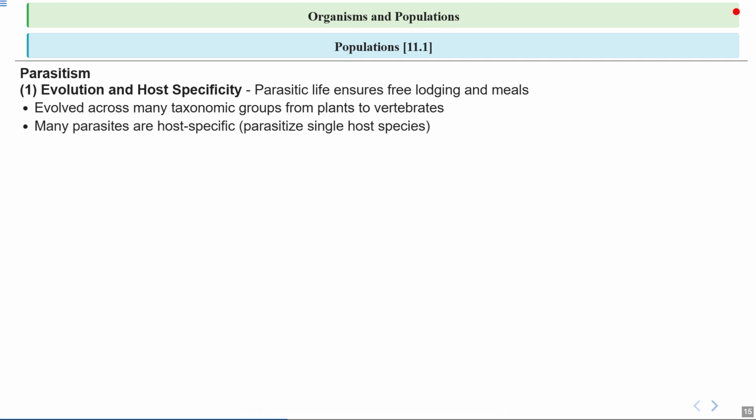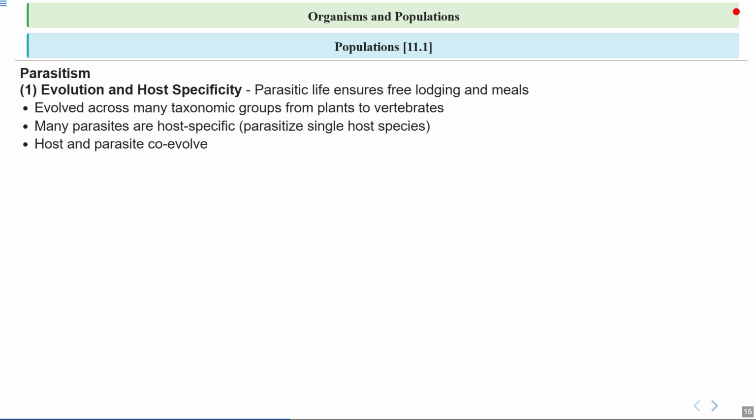Now, many parasites are host specific, meaning that they only parasitize a single host species. Clear? Now, parasite and host co-evolve. The parasite develops strategies to invade and infect the host, and the host develops strategies to avoid the parasite.